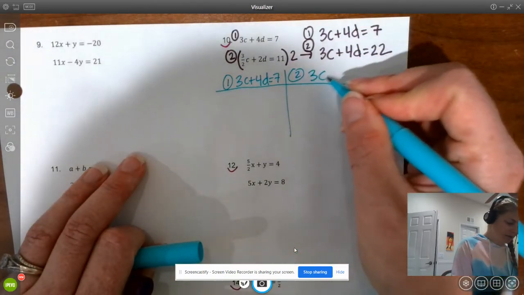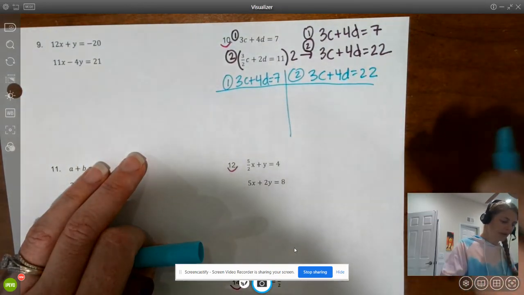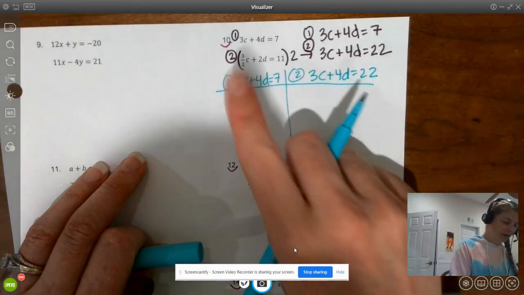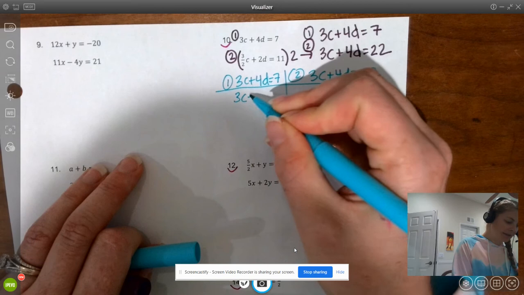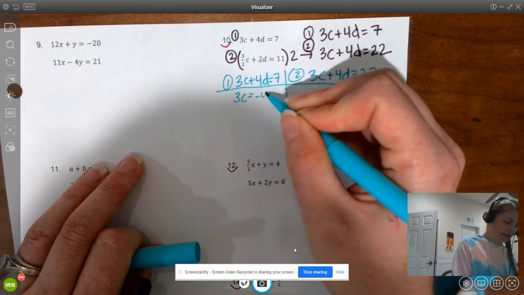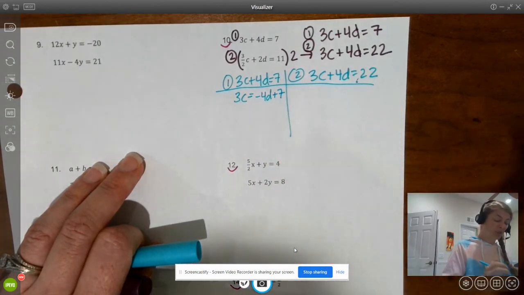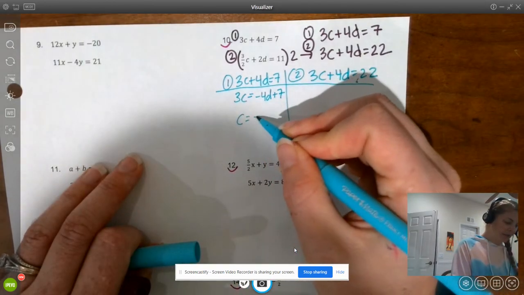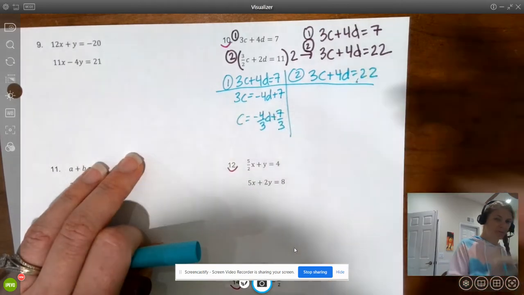I'm going to use 3c plus 4d equals 22. From here, I'm going to isolate c, so I'm going to subtract 4d from both sides. I get 3c equals -4d plus 7. I'm going to divide every single term by 3, and I'll get c equals -4/3 d plus 7/3.